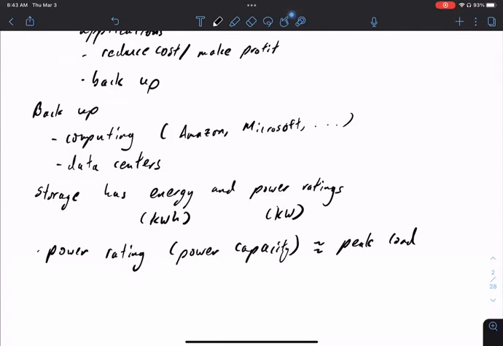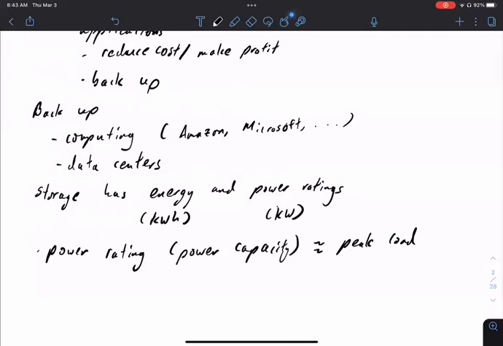Let's say sending an email internally takes this much power, and I process that many emails, so I have a peak load. I need my power rating to be roughly peak load, because if the outside power fails and I happen to be at my peak load, I want to pick up all of my peak load.